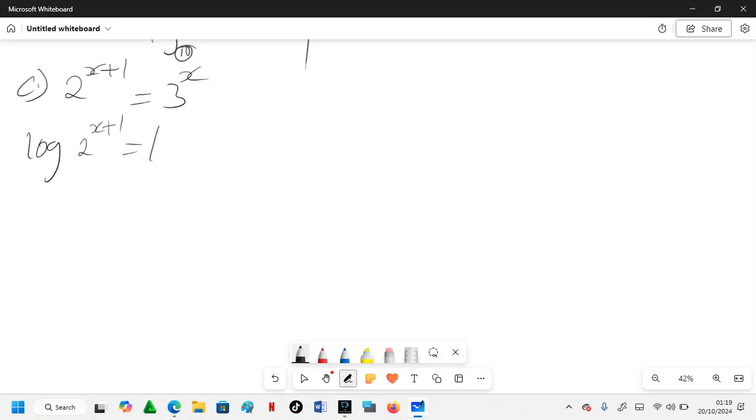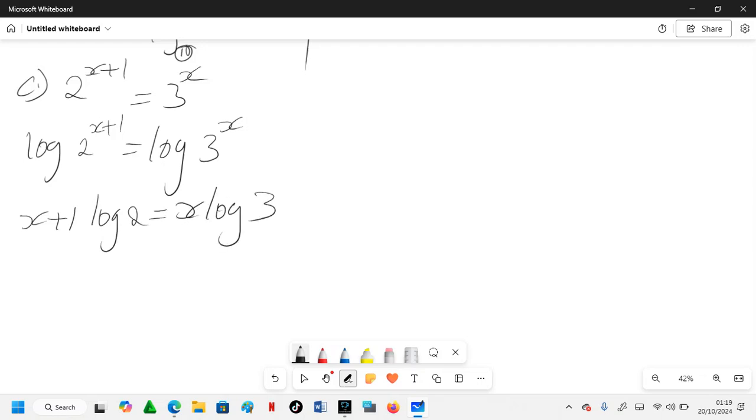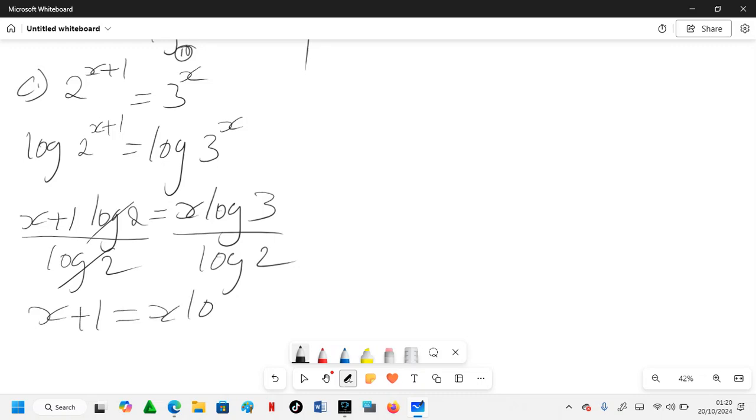2x plus 1 is equal to the log of 3 to the power x, so that we drop the powers. (x plus 1) log 2 is equal to x log 3, and you can divide both sides by log 2, so that we have x plus 1 is equal to x log 3 over log 2.